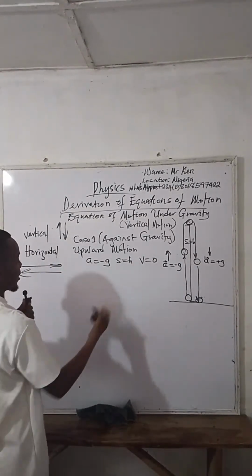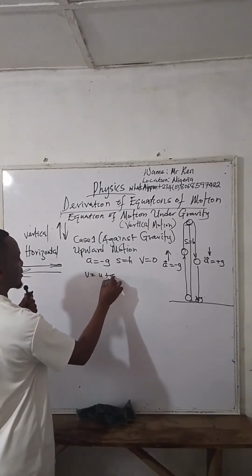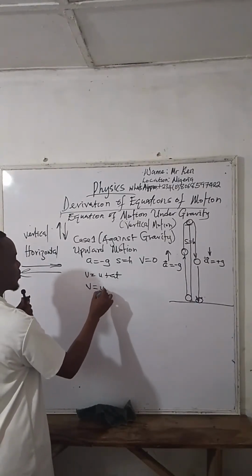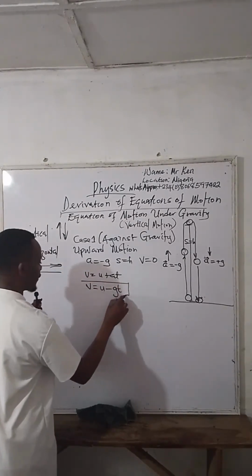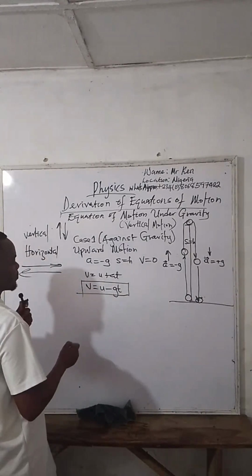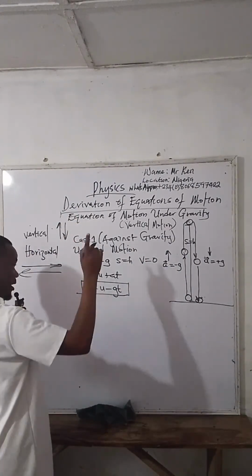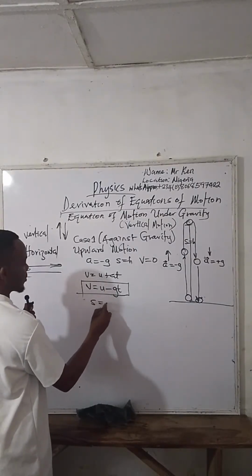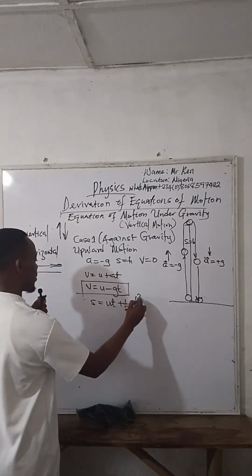So let's write the first equation of motion. v is equal to u plus at. But for motion under gravity, v is equal to u minus gt. So this is the first equation of motion under gravity. The second equation, going against gravity, s is equal to ut plus 1 over 2 at square.